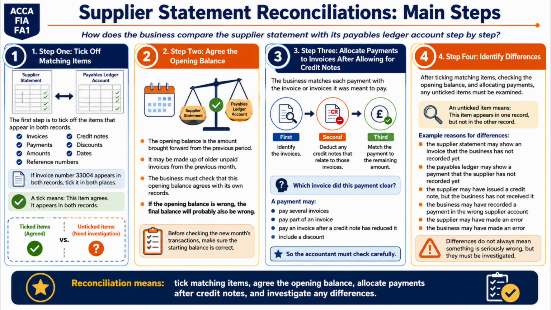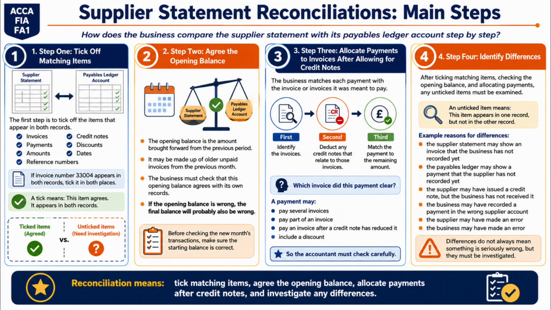Step 3. Allocate payments to invoices after allowing for credit notes. The third step is to allocate payments to invoices after allowing for credit notes. This means we match each payment with the invoice or invoices it was meant to pay. Let us explain this carefully. A business may pay one supplier for several invoices at the same time. For example, one payment may cover 3 different invoices.